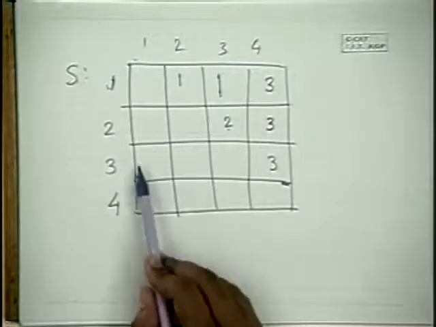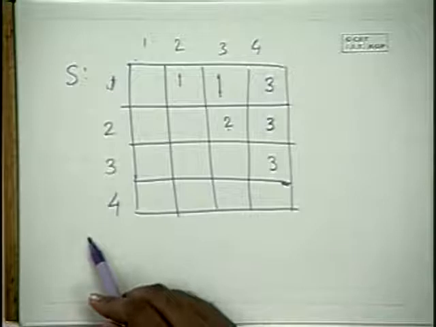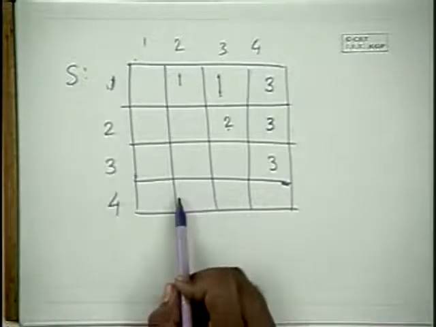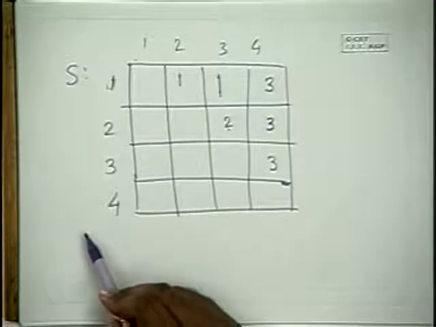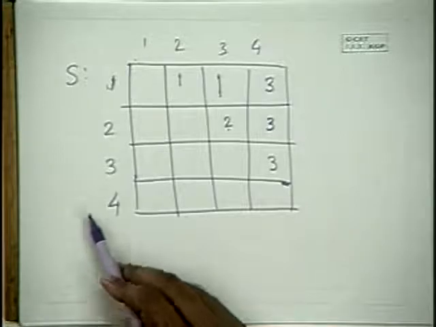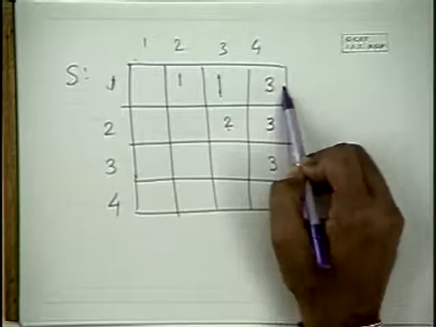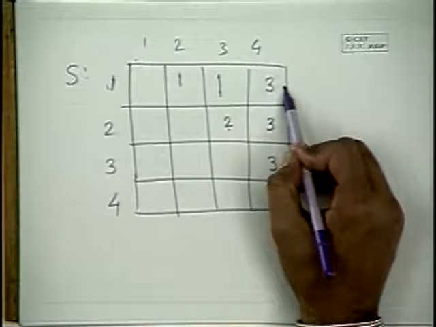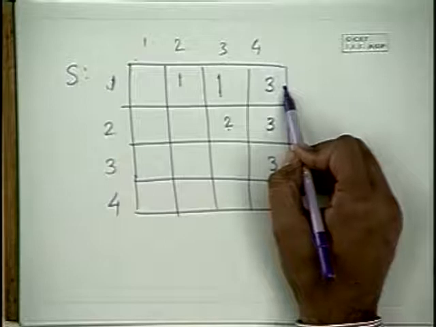Now given this S, can you come up with the parenthesization? How can you use this matrix to come up with the actual parenthesization? You have to write that algorithm. It's a recursive call you can give. You first look at S1n. Whatever value is there will give you the first cracking, where the first division is done.